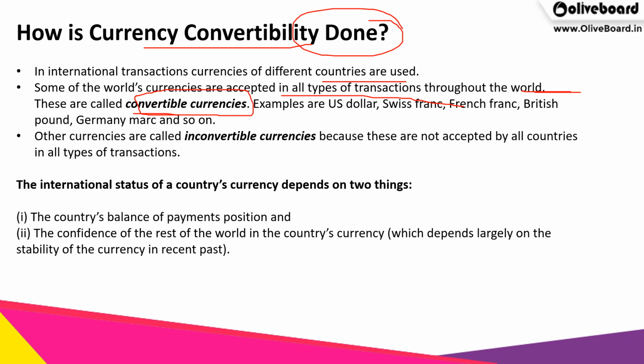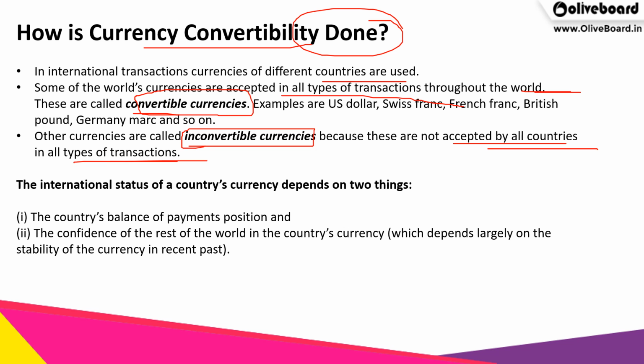So these are the currencies that are convertible in nature, through which we can transact in various countries. But other currencies are called inconvertible currencies because they are not accepted by all the countries in all types of transactions. They may accept it in a trade, but when it comes to tourism or say investment, they may not be ready to accept whichever currency we are giving them.